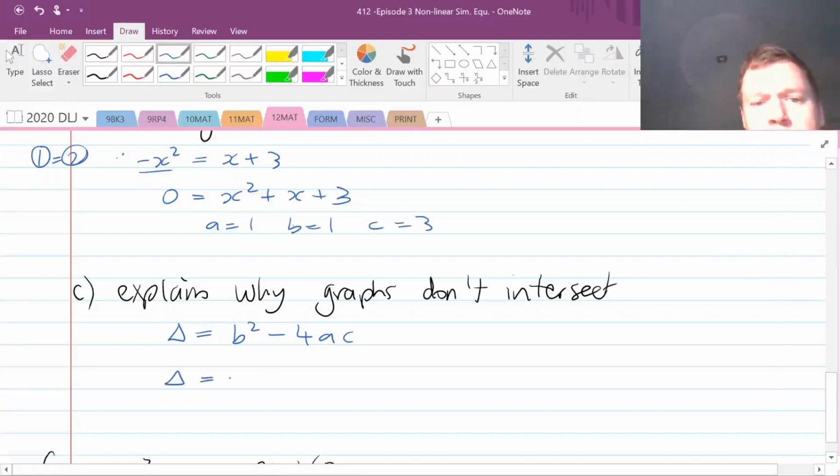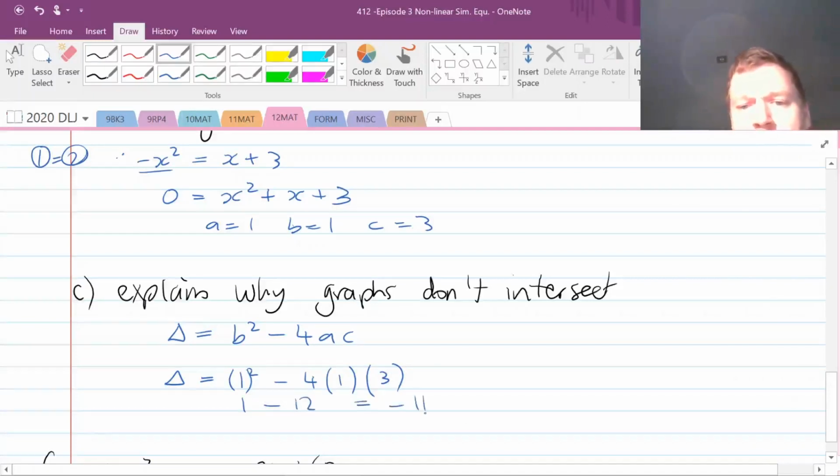Discriminant equals 1 squared minus 4 times 1 times 3. So 1 minus 12 is going to be negative 11.